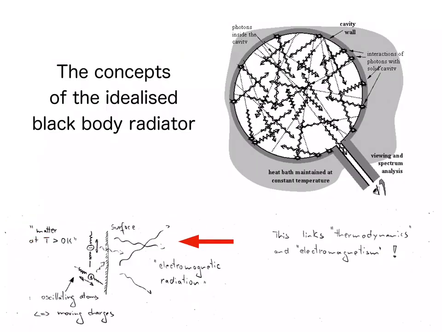Let's look at the concepts of an idealized blackbody radiator in some detail. The cartoon on the right sketches some of the important aspects of this concept. A cavity is effectively closed, it is kept at a constant temperature, and its walls emit radiation.